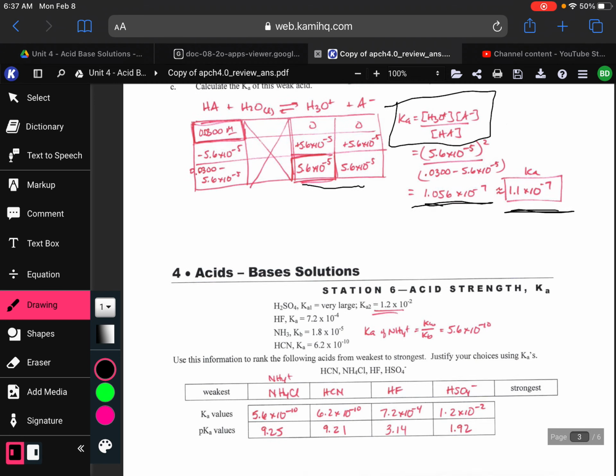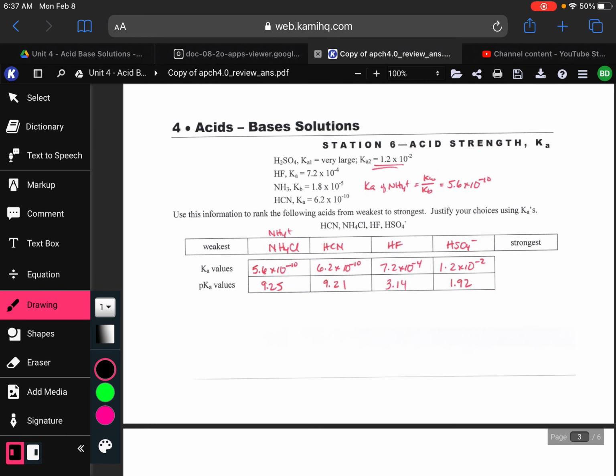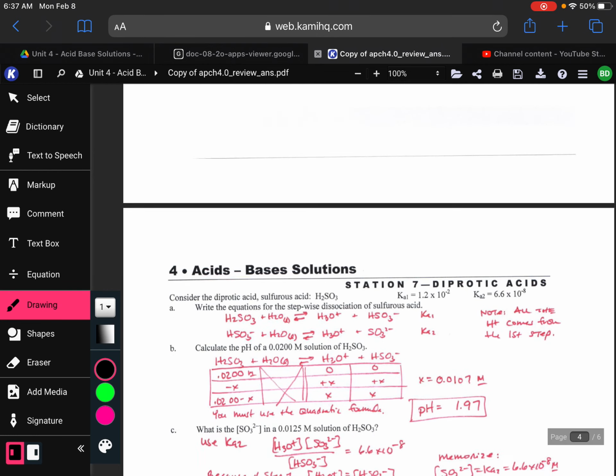So down here, you're just plugging in the strengths based upon the Ka and Kb. Obviously, the larger the Ka, the stronger the acid. The lower the Ka, the stronger its conjugate base. So hopefully you're able to figure that out okay.